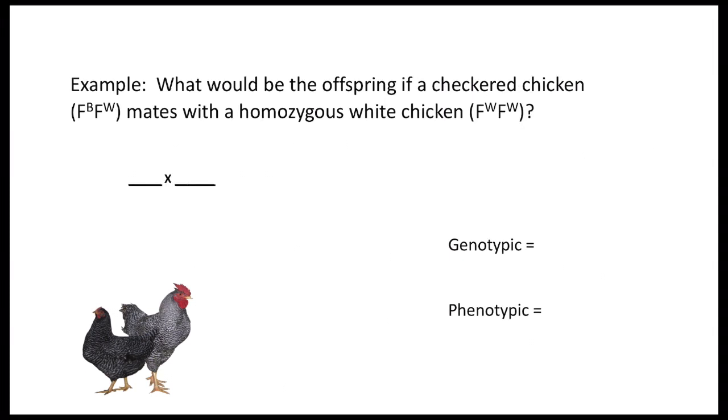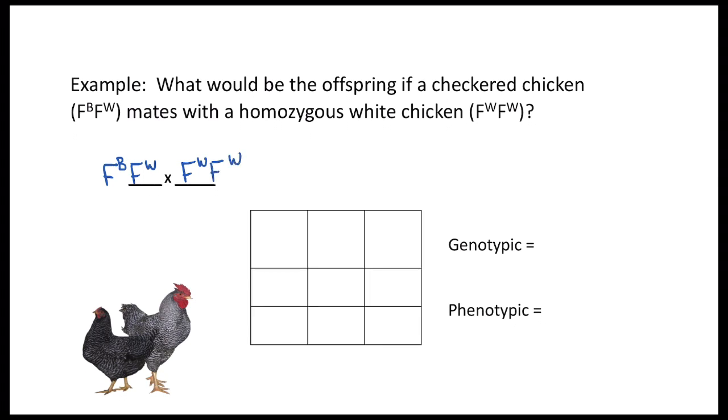Okay, next example, what would be the offspring if a checkered chicken, F^B F^W, mates with a homozygous white chicken, F^W F^W? So to start, we write out our cross utilizing these symbols. F^B F^W with F^W F^W homozygous. Then we are going to draw out our Punnett square.